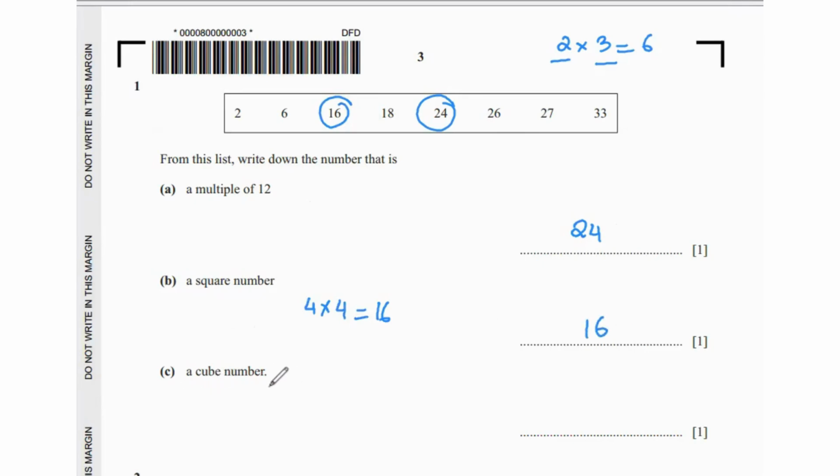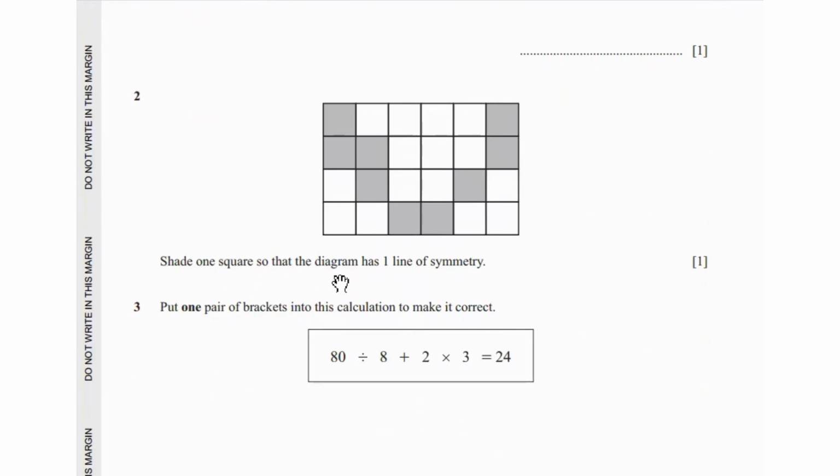Then a cube number, where we multiply the same number to itself 3 times. That is going to be 27 because 3 times 3 times 3 is 27. For this one, please remember the difference between a factor and a multiple, otherwise you're going to get this wrong.